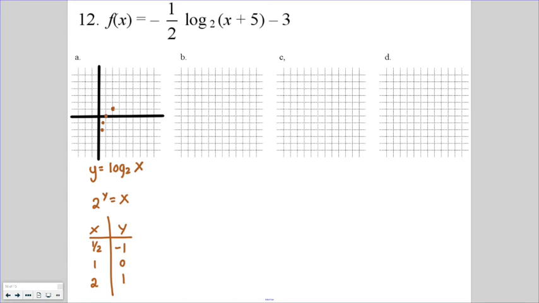And then I can keep going. If I plugged in 2 for y, we would get 4 for x. And then I can actually go one more. When y is 3, x is 8. So this is the curve of my logarithmic function.